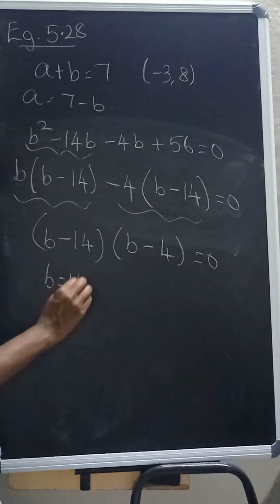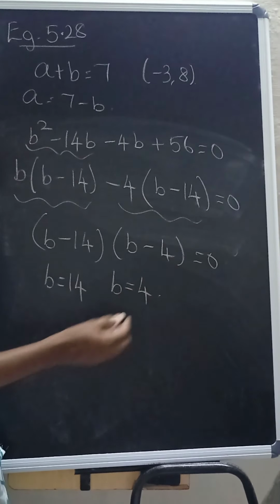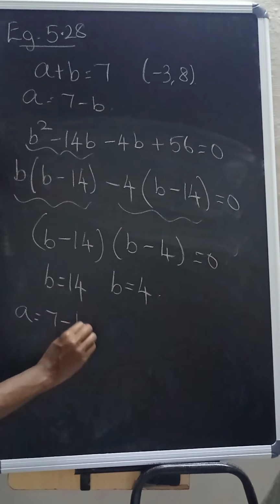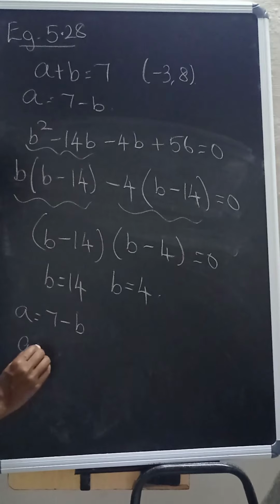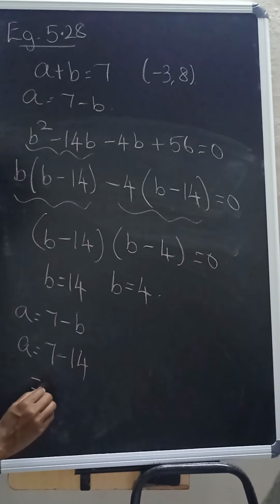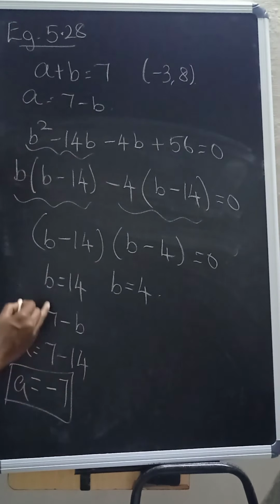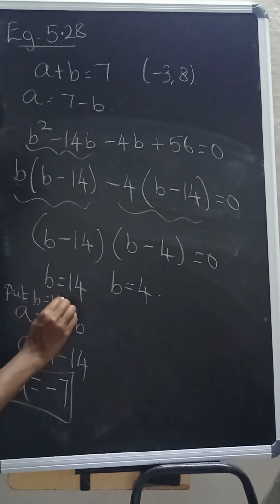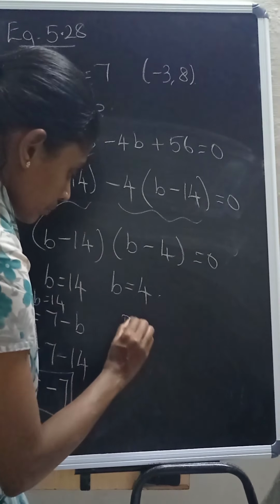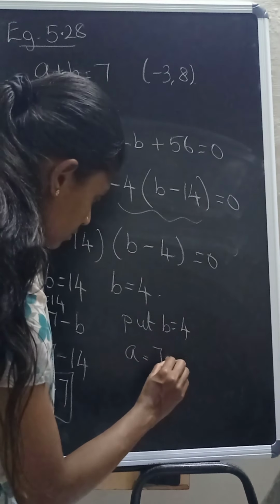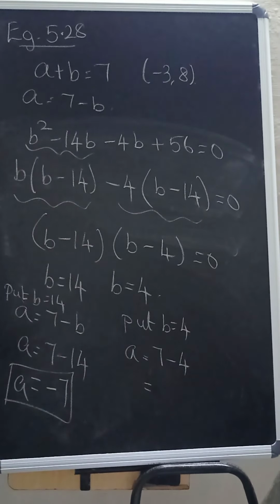So b = 14, b = 4. Now a = 7 - b. So you will substitute b = 14: a = 7 - 14, which is equal to -7. Put b = 4: a = 7 - 4, which is equal to 3.